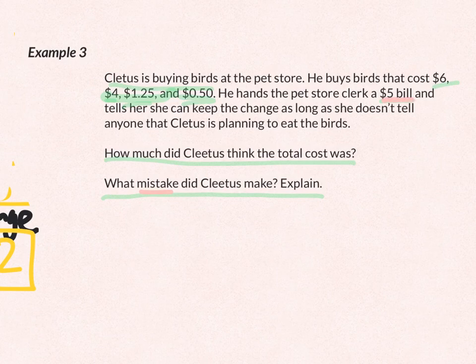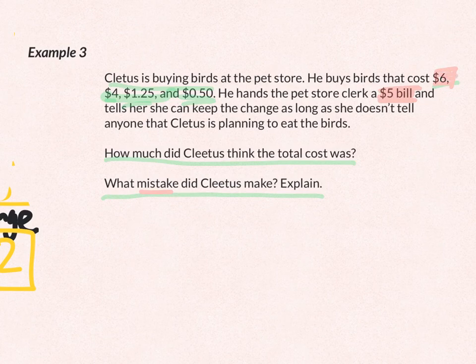All right, he handed her a $5 bill. And look at the cost of the things that he was buying. $6. So the first bird that he bought cost more than the $5 bill that he handed to the clerk. And he told her she can keep the change, like he thought he was giving her more than the total cost of the 4 birds that he bought.